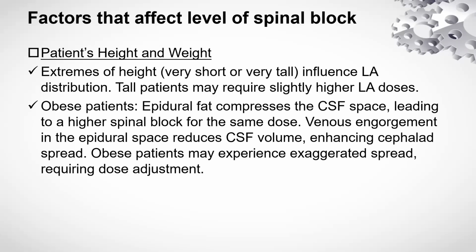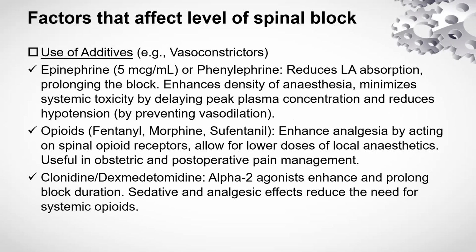In obese patients, epidural fat compresses the CSF space, which leads to higher spinal block for the same dose. This also results from venous engorgement in the epidural space, which also reduces the CSF volume, enhancing cephalad spread. So obese patients may experience exaggerated spread, and this requires dose adjustments. Another factor that affects the level of block is the use of additives.